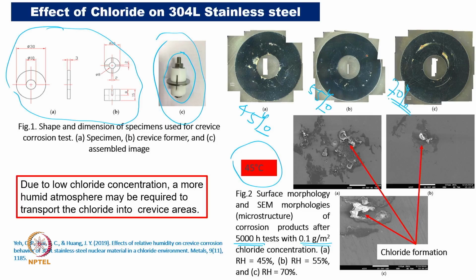This result shows that at 45% I am able to see more damage of the surface. When the humidity increases to 55%, I find the least damage, and again at 70% there is an increase in the damage of the surface. When looking at the microstructure, we see more damage here, least damage here, and maybe mid level damage in this case.